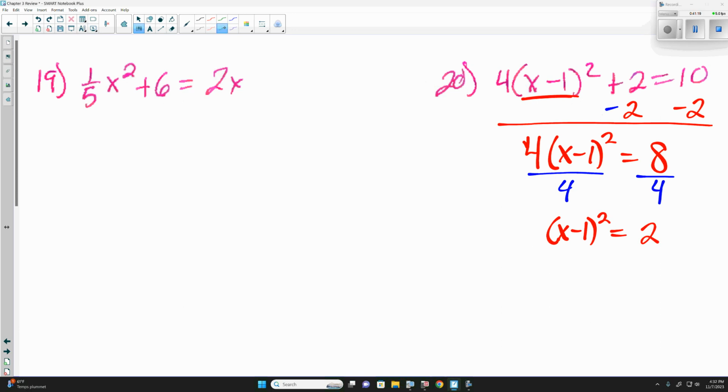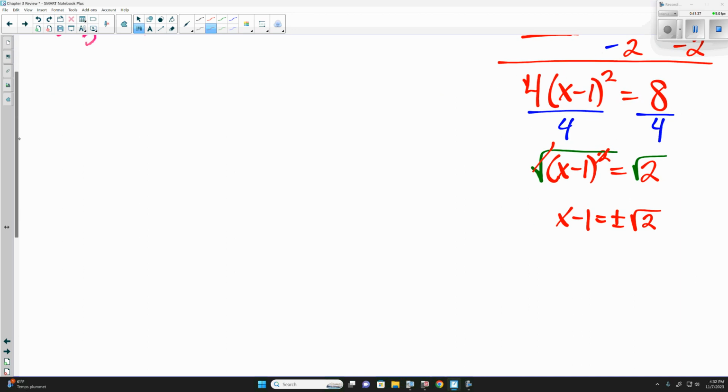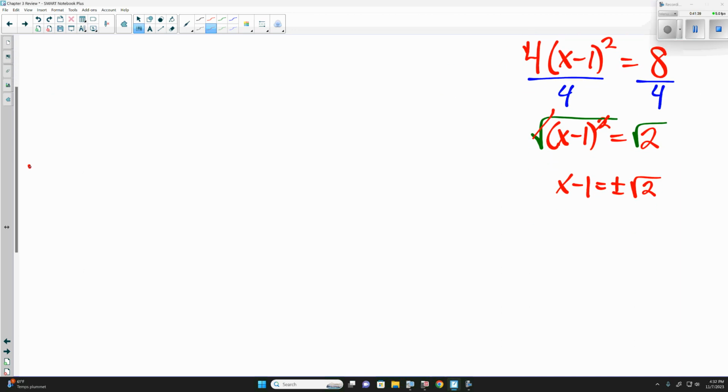Now, since the term being squared is by itself, we can take the square root of both sides. The square root and square would cancel, telling us x minus 1 is equal to plus or minus square root of 2. We could plug the square root of 2 into the calculator, and it will tell us that that is as simplified as it gets, so we don't have to do anything else with it.